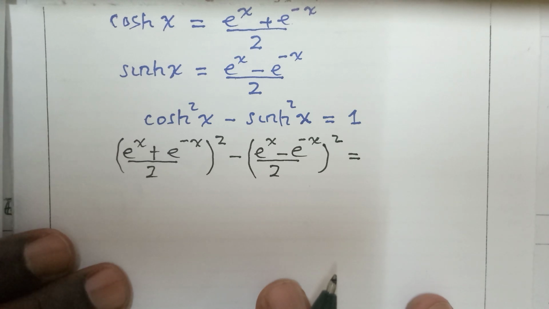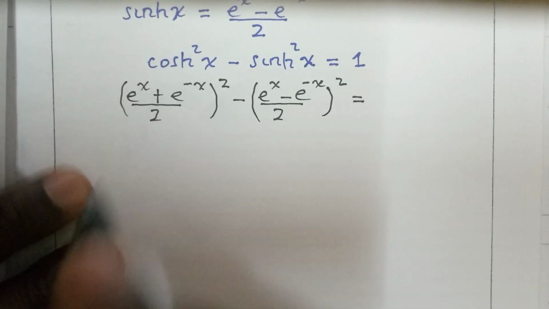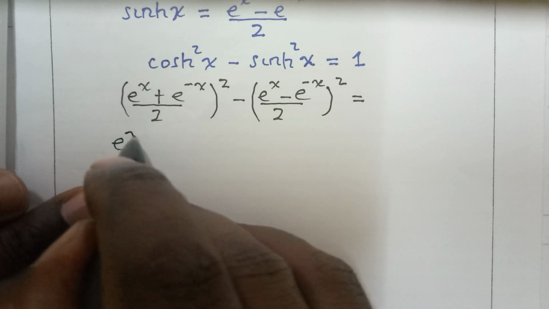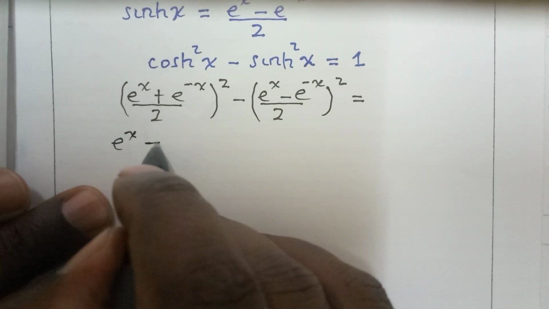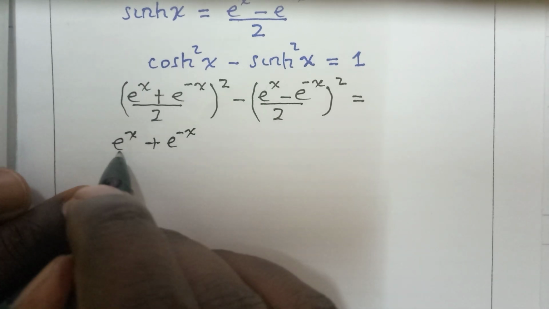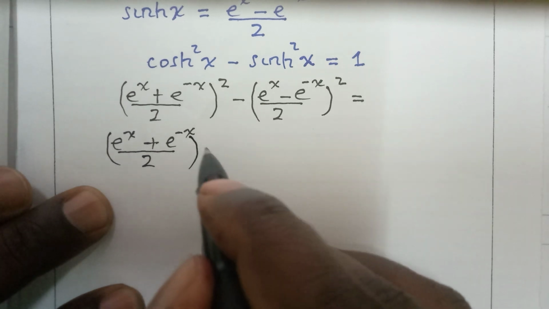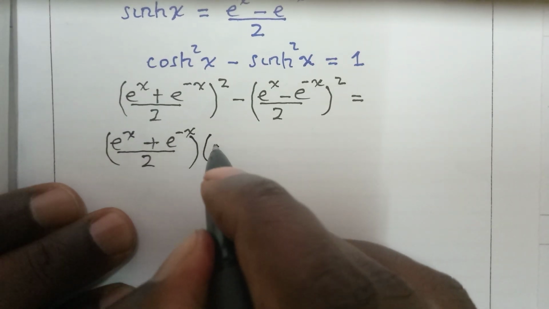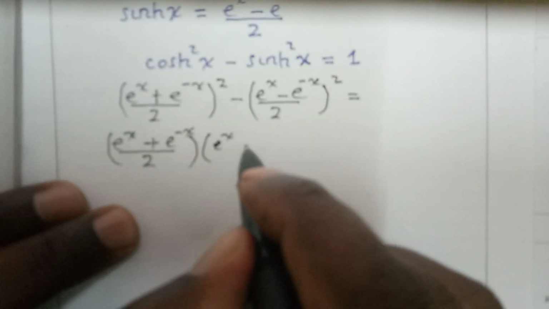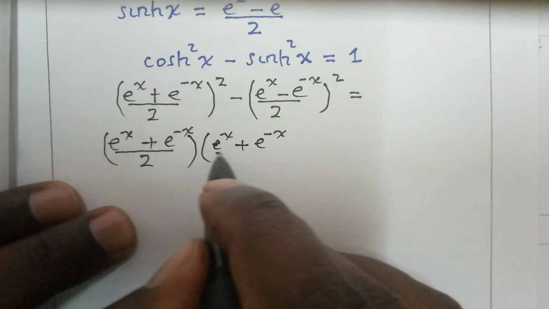I can now write them as they are. I write here again e raised to x plus e raised to negative x, all over 2, and again e raised to x plus e raised to negative x, all over 2.